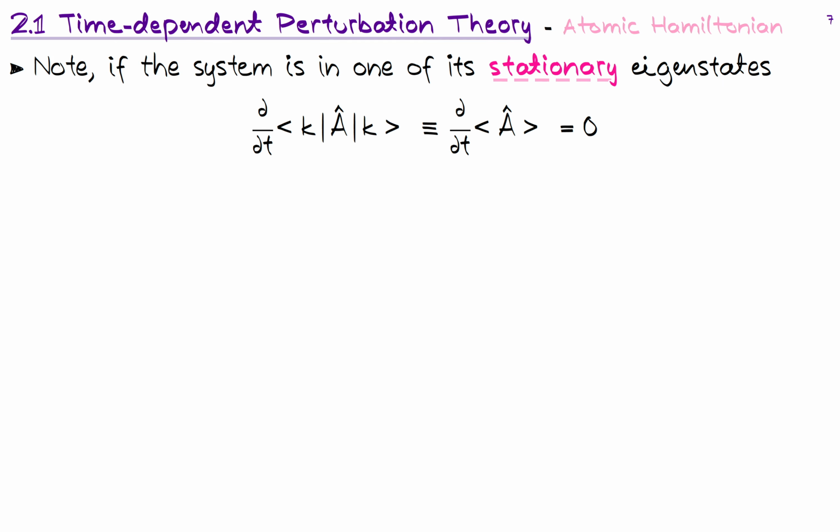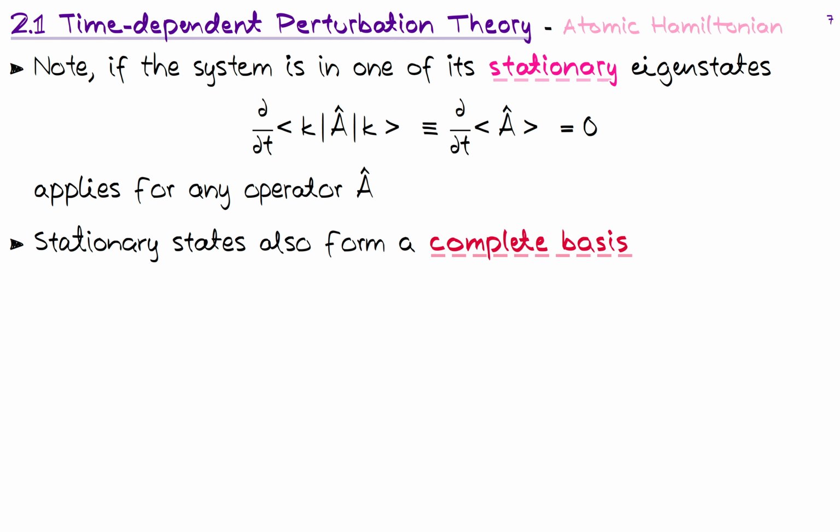So nothing much happens in terms of dynamics in our system, and this applies for any possible operator we can consider. This is what applies for stationary eigenstates, and many times when we are doing quantum mechanics derivations, this mathematical identity can be used to simplify calculations.